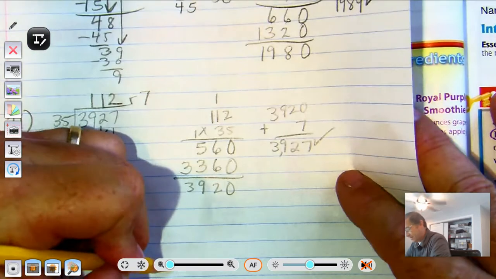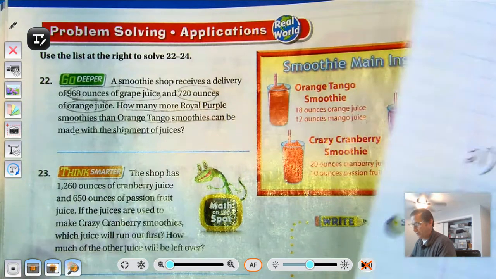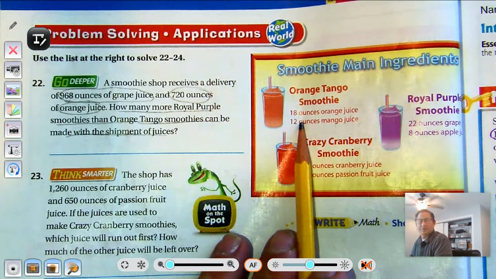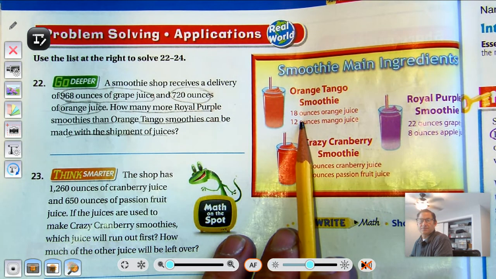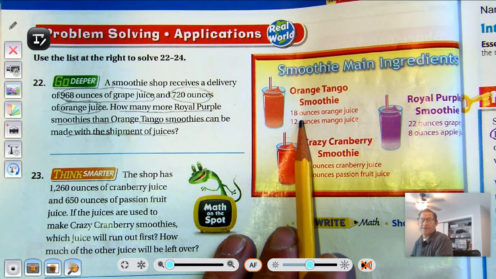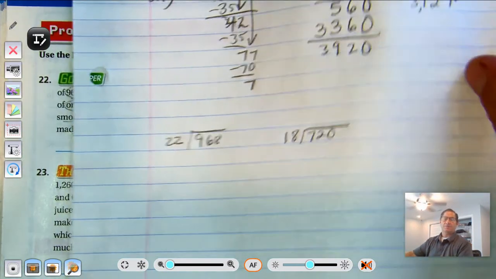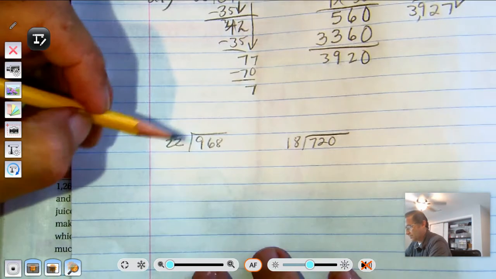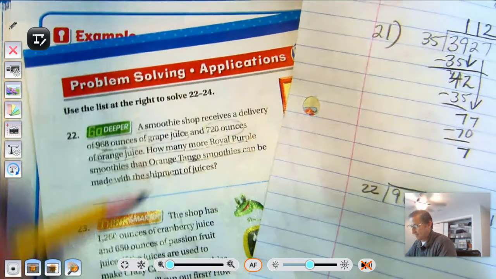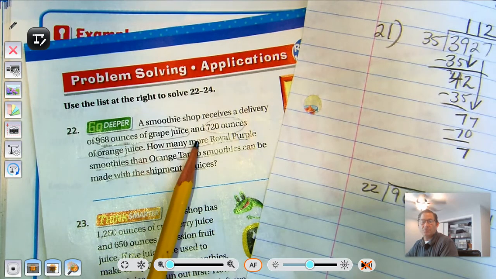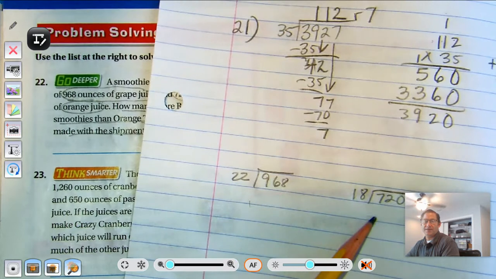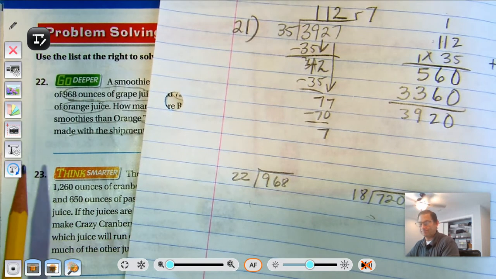And then we have 720 ounces of orange juice shared by groups of 18, because it takes 18 ounces of orange juice to make the other drink. All right, so the key part of this says how many more. So once we find the quotient of both of these drinks, we're going to have to subtract.